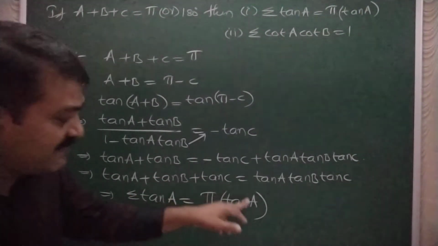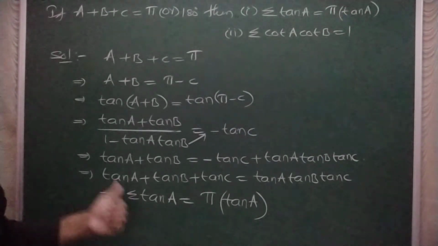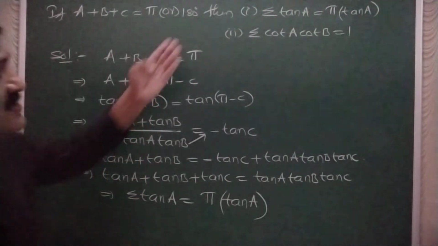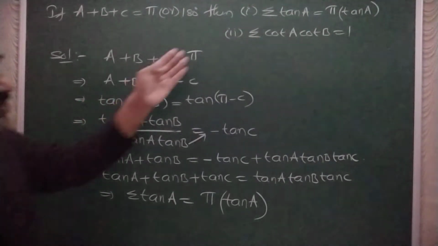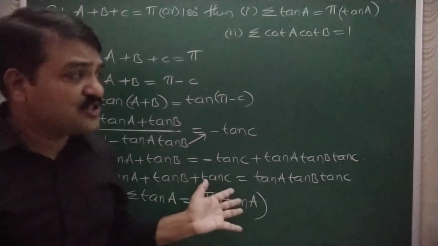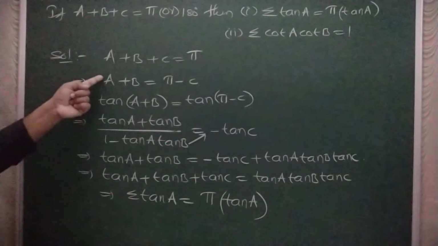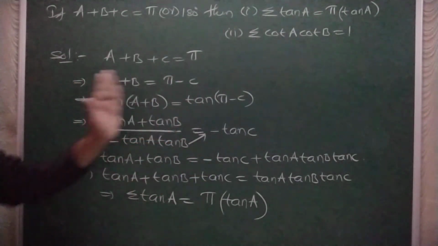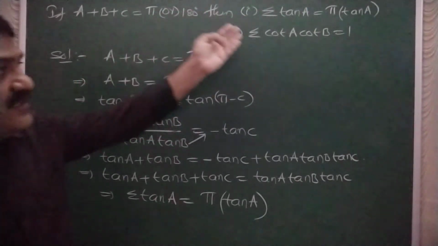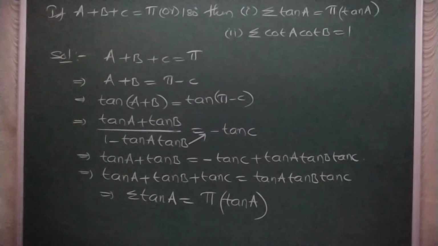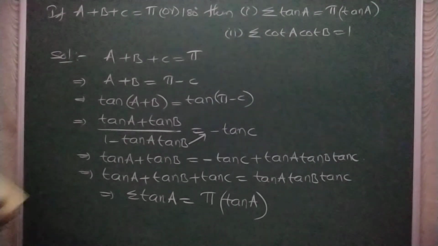This is only a symbol for product. Sigma stands for summation. So this is the first result. Now to get the second result also, same process we will adopt. But instead of taking tan on both sides in this step, we will take cot on both sides to get this second result. Okay? So let us see the second result also.